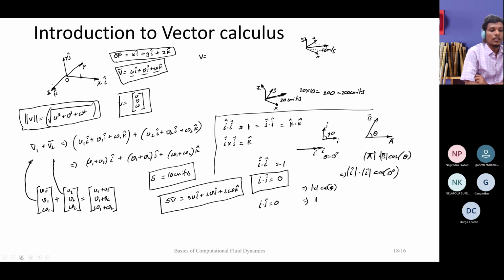Okay. Let's see the cross product. If you are doing the cross product, i cap cross j cap is equal to k cap. How can you get this k cap? If you want to find the magnitude of this k cap, it is just modulus of i cap times modulus of j cap times sine of theta, where theta is the angle between i and j.